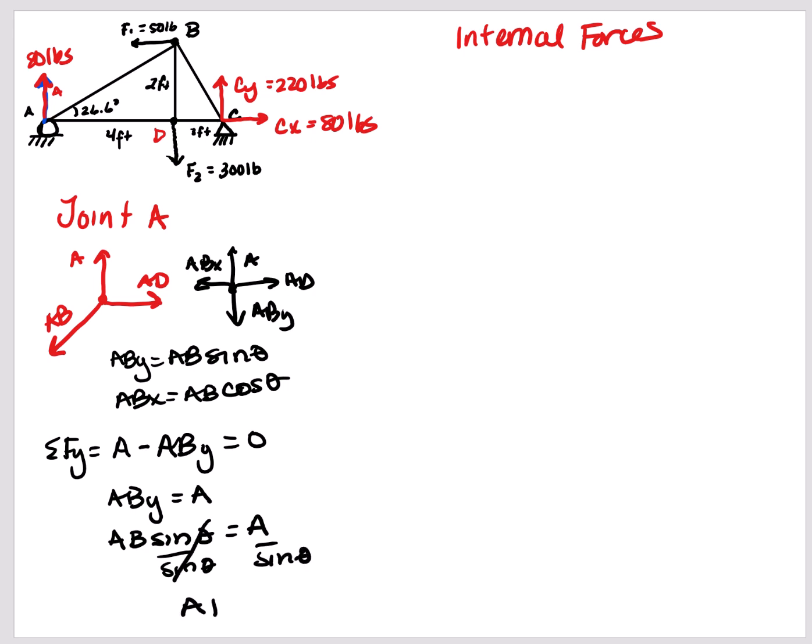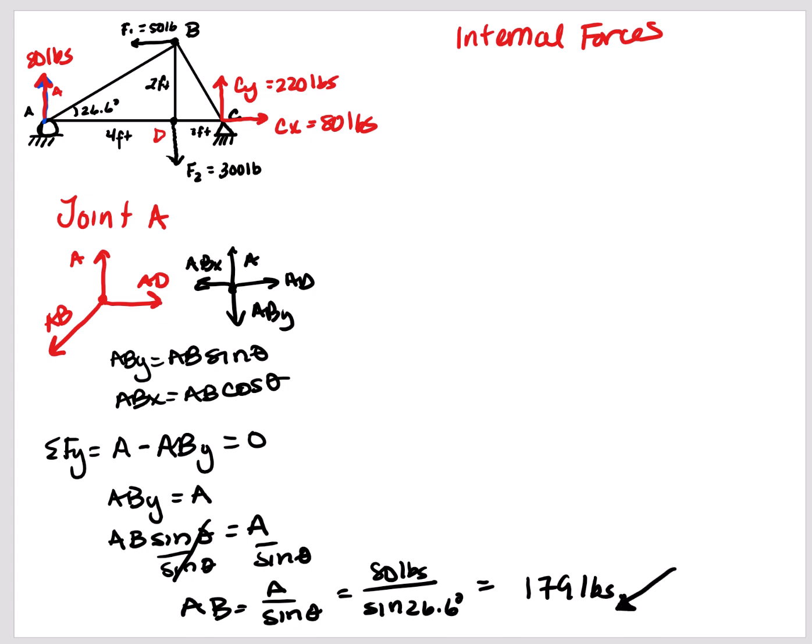So AB is going to be A over sine theta. We know A is 80 pounds divided by sine 26.6 degrees. So you should get approximately 179 pounds. Since the answer came out positive, we know that the joint goes in the southwest direction. So after we solve for it, remember, we need to label the truss with the correct direction. So this one is going to go in the southwest direction.